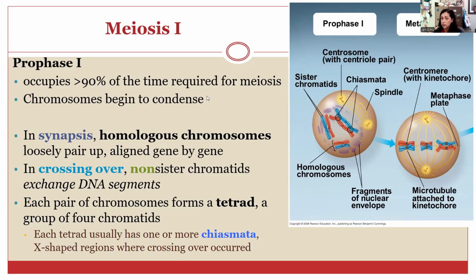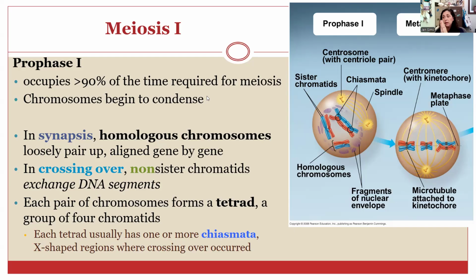Well, before they separate, they're in prophase 1 and they're lined up. While they're lined up, they will align very specifically. The chromosome number 1 from your mom and the chromosome number 1 from your dad line up really specifically, loci to loci, gene to gene.